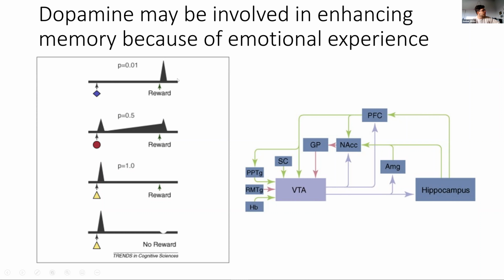But this cue is not predictive. So the cue won't give you anything in terms of a dopamine hit by itself. But if you have a cue that gives you a reward 50% of the time, you have a little dopamine response to the reward. You actually will learn to have a dopamine buildup over time, and you'll even have a little dopamine hit just from the cue.